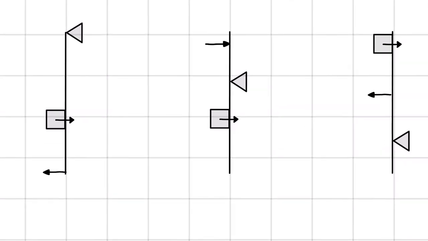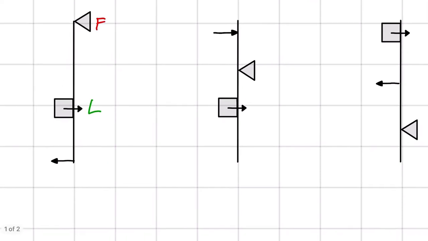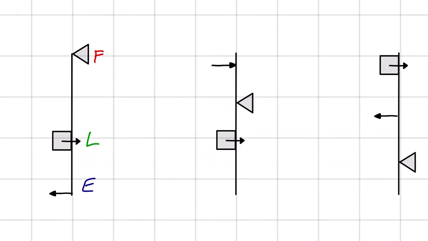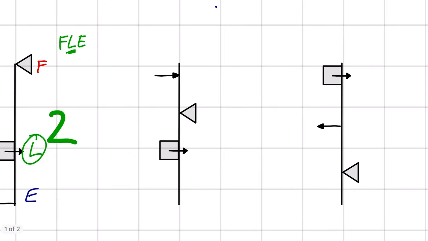So let's do these ones that are sideways. So remember, this is the fulcrum. This is the load. This is the effort. And which one's in the middle? Well, it's the load. So this is a second class lever according to FLEE. Next, we have the fulcrum, we have the effort, and we have the load.